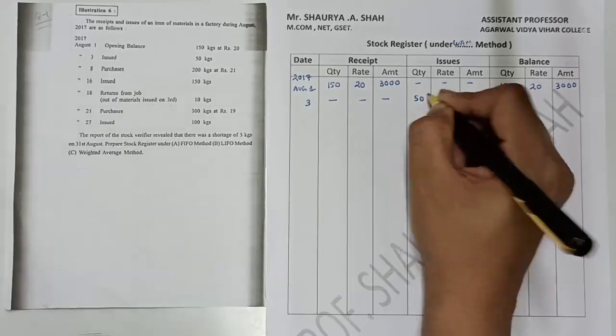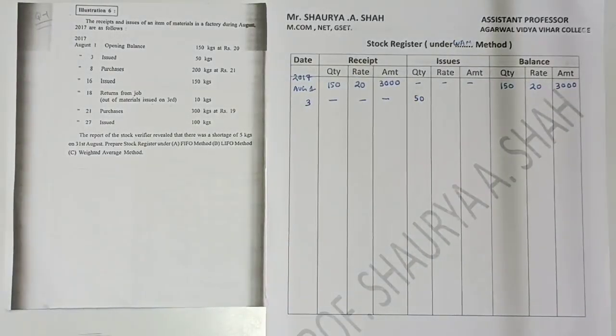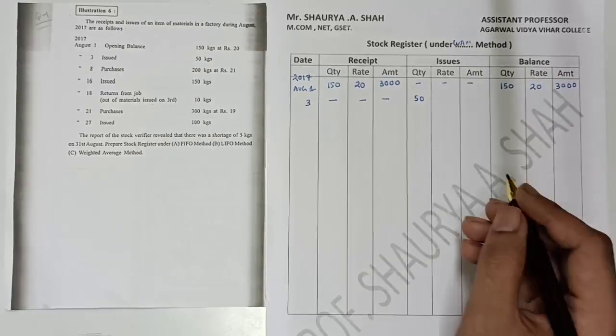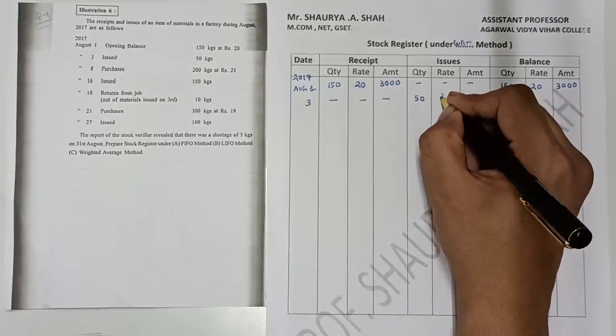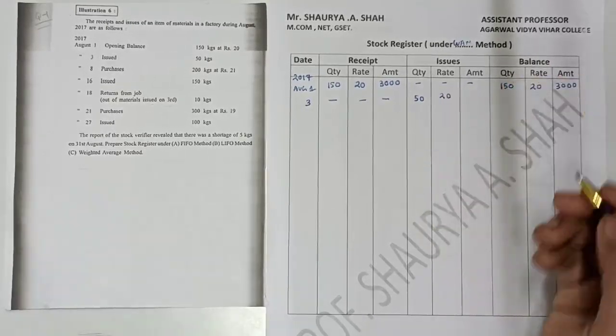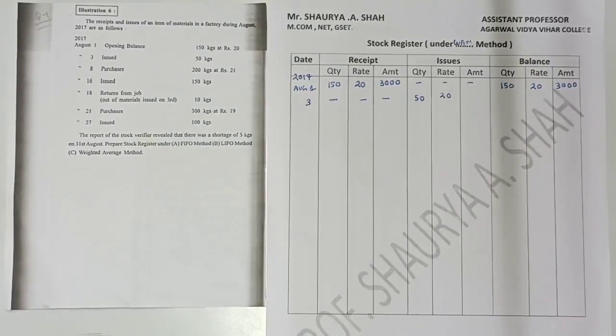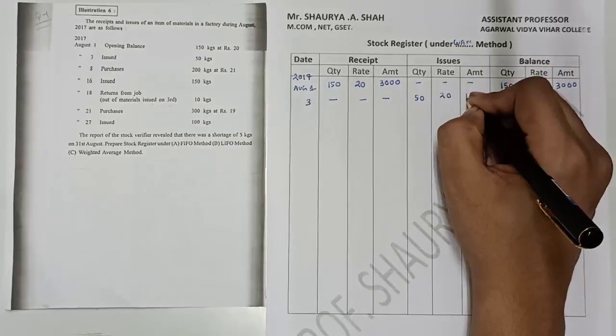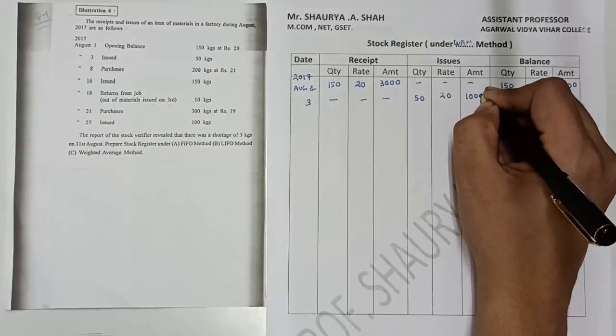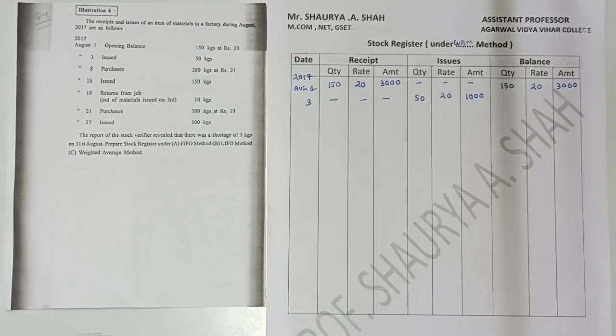As I told you, in the initial issue there will be no change. So out of this 150 only we are issuing, so my rate will also be 20 here. So 50 into 20 gives me 1000, same as your FIFO, same as your LIFO. I hope it is clear.